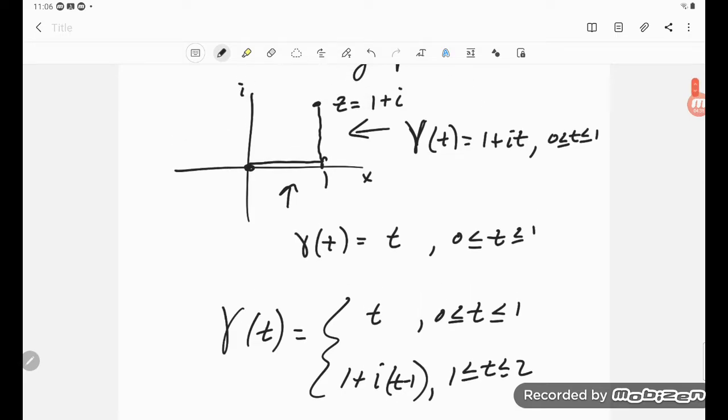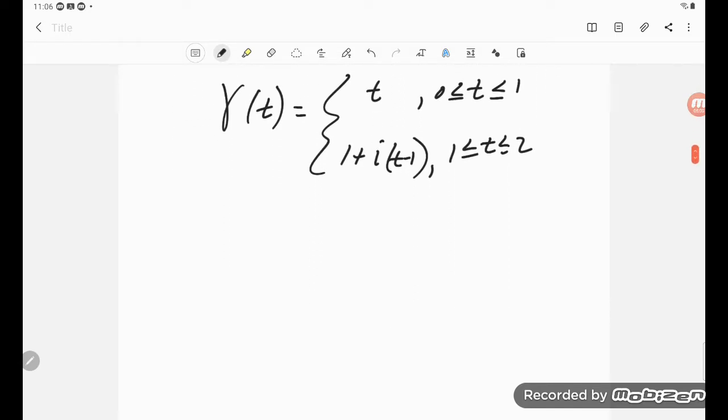Now, though, let's look at what this means. As I follow t from 0 to 2, I'm going this way, and I'm coming up there, and then I'm going that way. So there's a particular orientation. Now, another perfectly good path would be actually from 1 plus i back to 0.